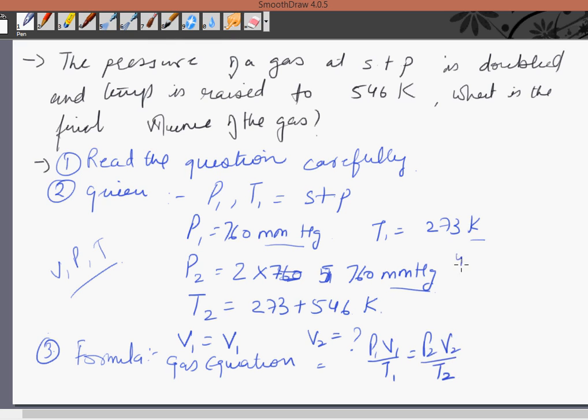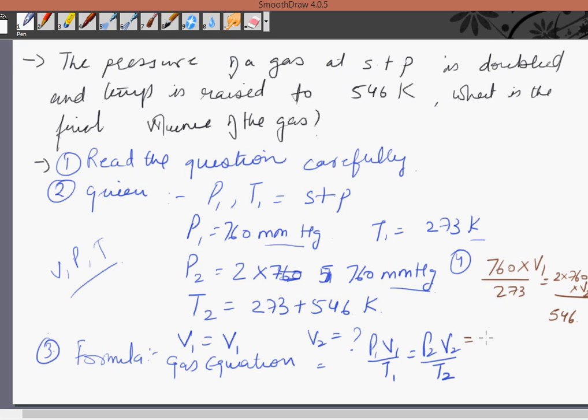So let's put the values in it. By putting the values, 760 into V1 upon 273 equal to 2 into 760 into V2 upon 546.